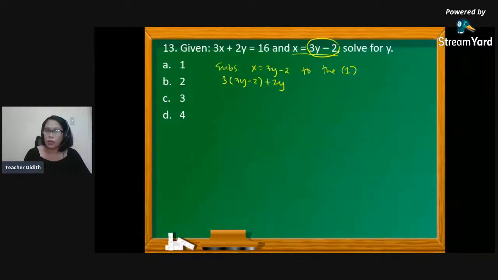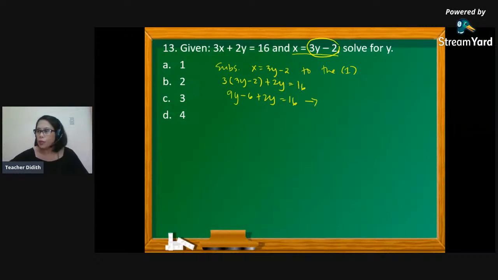So we'll distribute 3 to both terms of the second factor. So this is 3 times 3y, then 3 times negative 2, and then plus 2y equals 16. So you have the answer already and you said it's B. Let's find out.